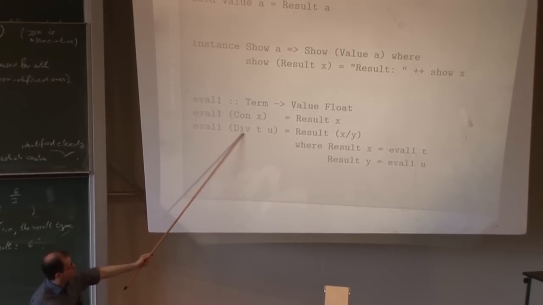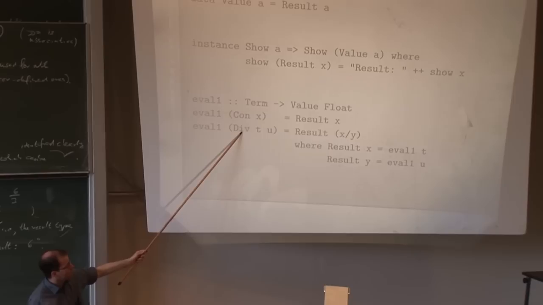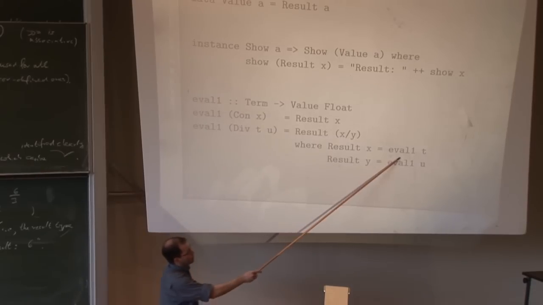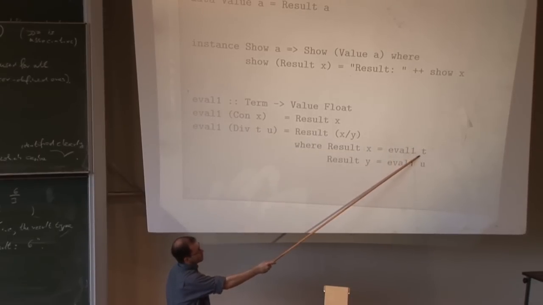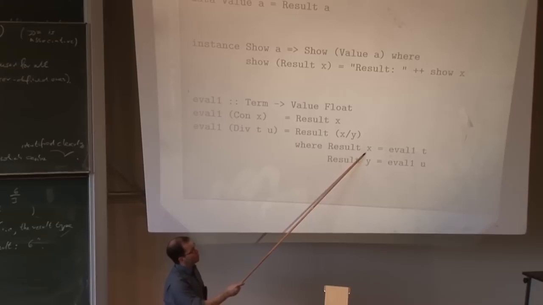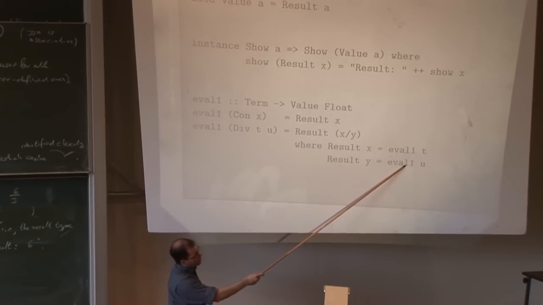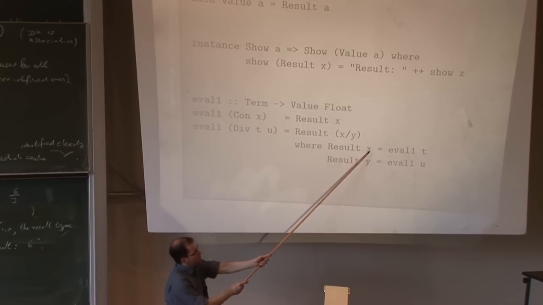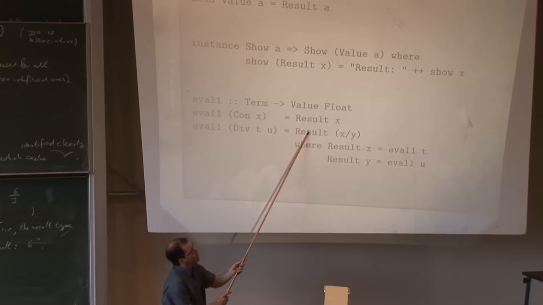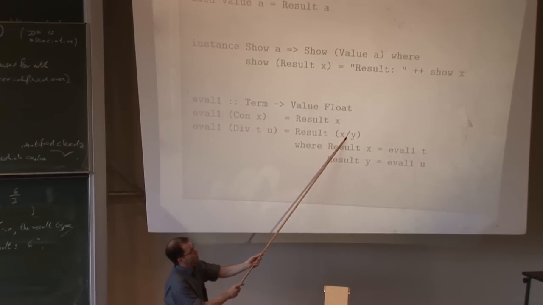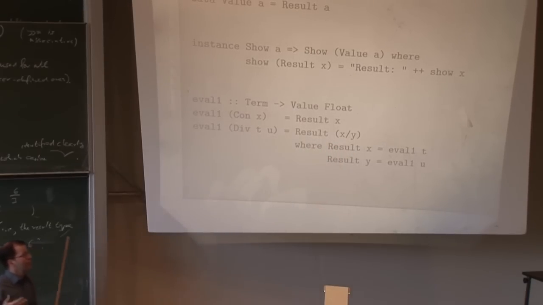And now if we have a term which is built with diff t u, then we would first evaluate t, and the outcome would be some value object, result x. And then we would evaluate u, and the output would be something like this, result y. Then we take out x and y, and we compute x divided by y, and the final result of this function would be result with x divided by y. Now this simply converts terms into value objects, and it actually performs these divisions.